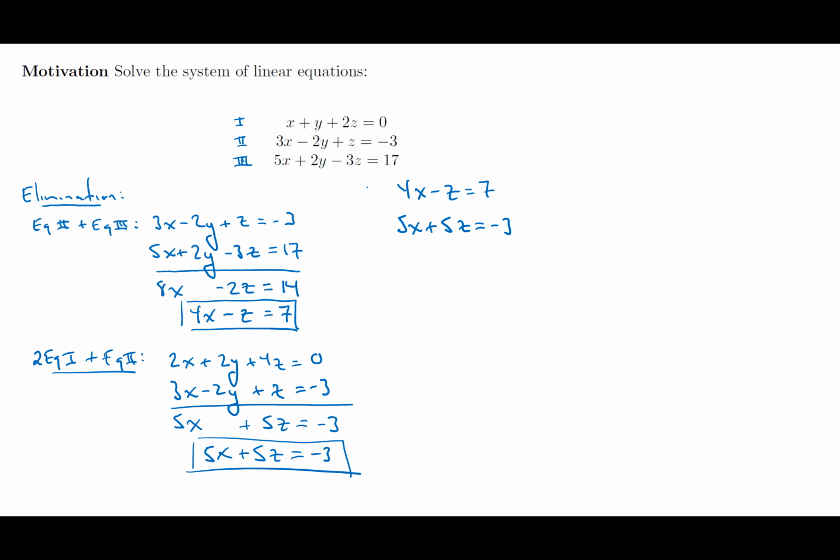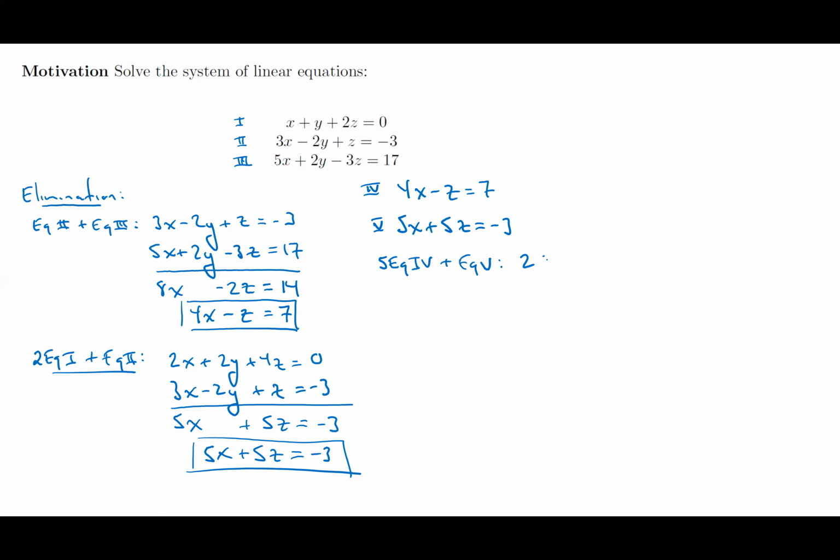Maybe I call this equation 4 and this one equation 5, just to keep going. So now I think what I'll do is eliminate z. So I'm going to do 5 times equation 4 plus equation 5. So what does that do for me?